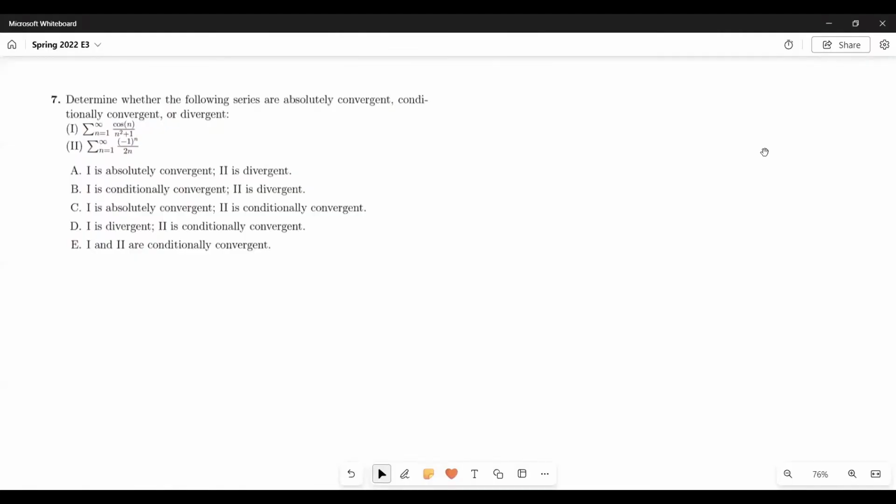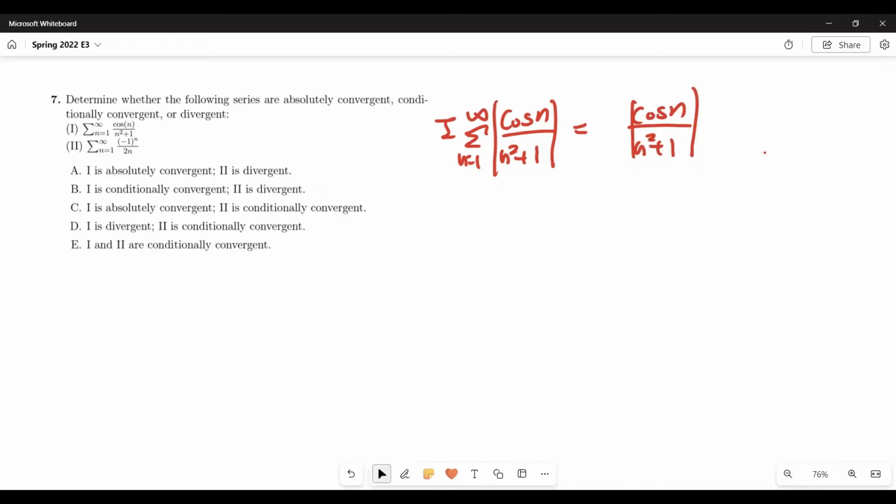Okay, this question asks whether it's converging, absolutely converging, conditionally converging, or diverging. Okay, let's check our option A, or 1. Cosine of n over n squared plus 1, with n equals 1 to infinity. So let's check this for absolute convergence first. If we put the absolute value, this is going to be the absolute value of cosine of n over n squared plus 1, and we also know that cosine of n is bounded from -1 to 1.